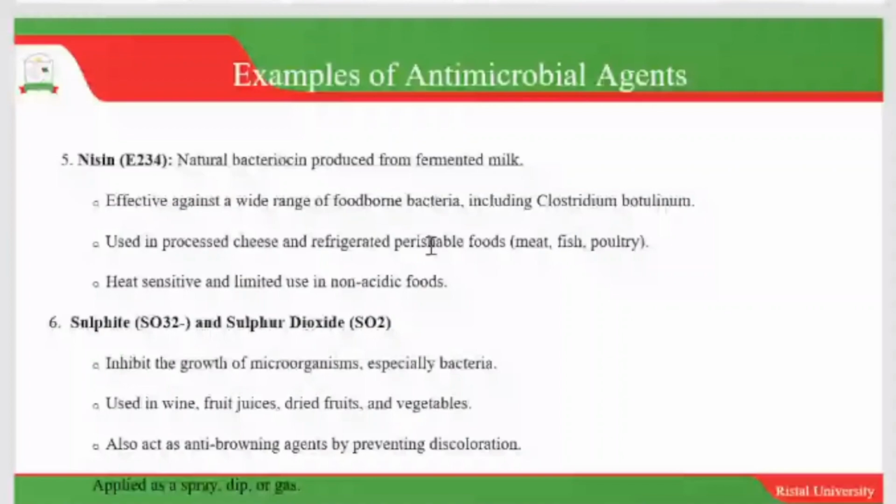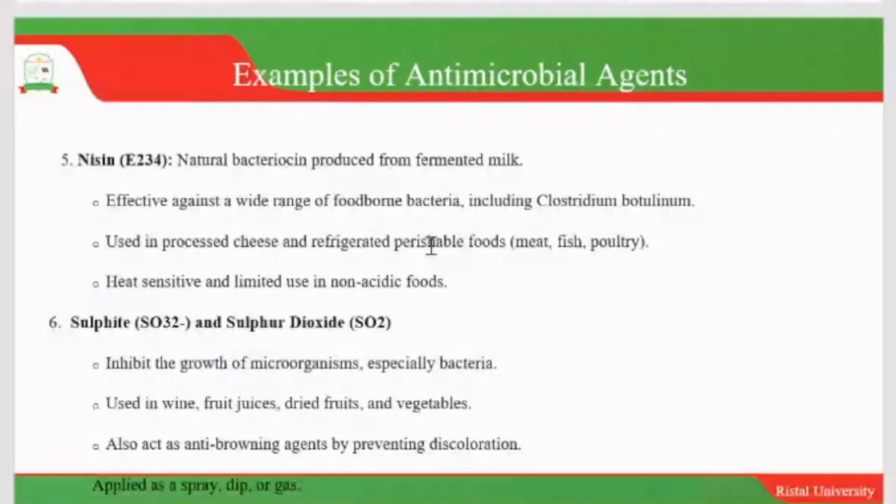So, you dip the food into it or use it as a gas, either way. But then safety considerations should be taken because most of these are a little bit dangerous if put in excessive amounts. That's why some people try as much as possible to limit themselves to those that are well known or to those whose adverse effects are not that detrimental to health.